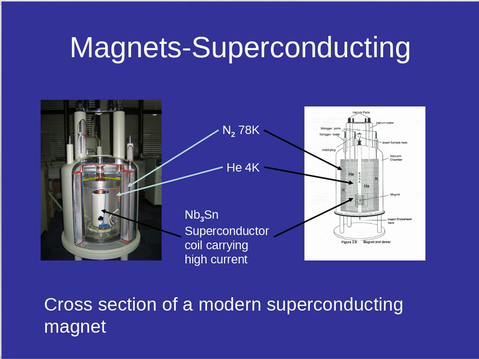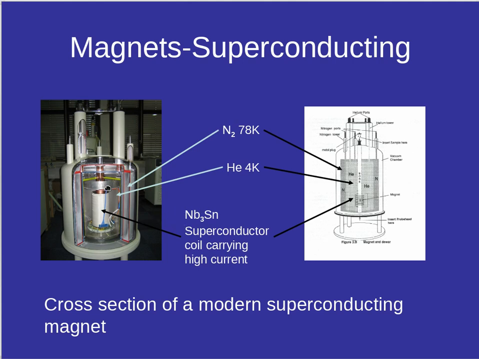Now, helium is very expensive, so there are vacuum regions to try and protect the helium from radiation and from thermal conduction of heat into it. And of course there are tanks on the outside filled with liquid nitrogen, and that liquid nitrogen protects the liquid helium from boil off.